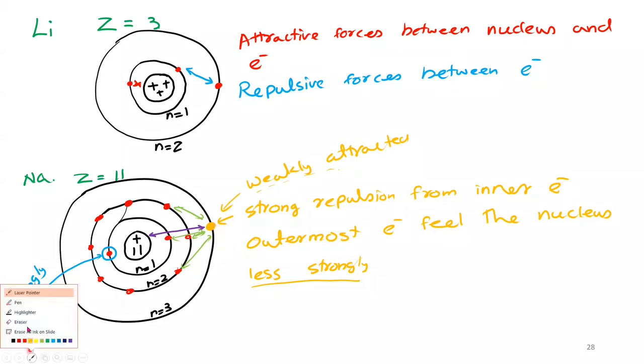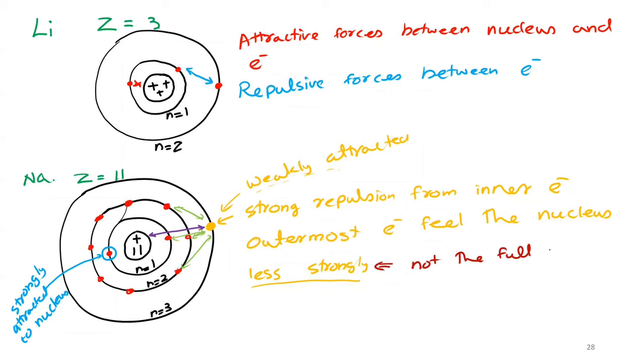So this attraction felt by the outermost electron is not the full nuclear charge. It is more like it feels a partial charge.